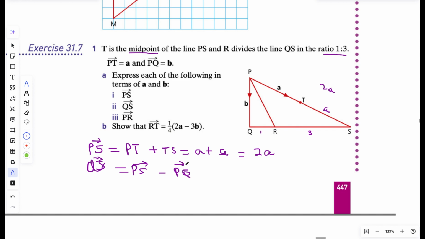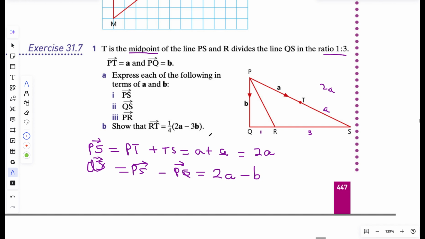Now our PS is 2A. Remember, we've done that already. So that gives us 2A minus B. We get 2A minus B. That's it for QS.